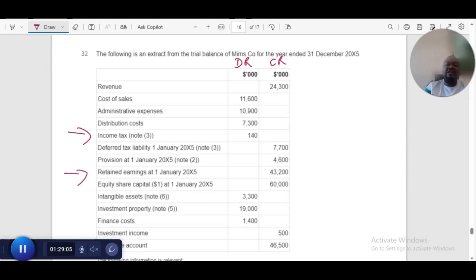If we have got the income tax of 140 in the debit, it simply means that previously they had underprovided for their income tax, which means in this current year they have to tax that. It is part of the tax expense for the current year. So all those things need to be understood by a student who is ready to sit for an examination.